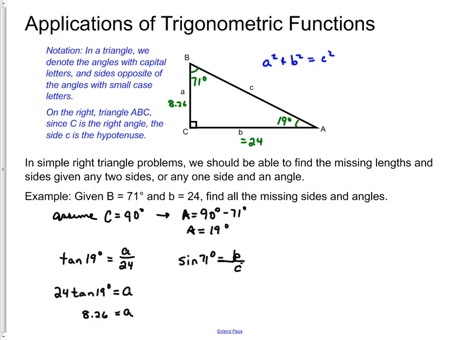Well, I don't know what c is, but I know what b is. So let's take the sine of 71 degrees.